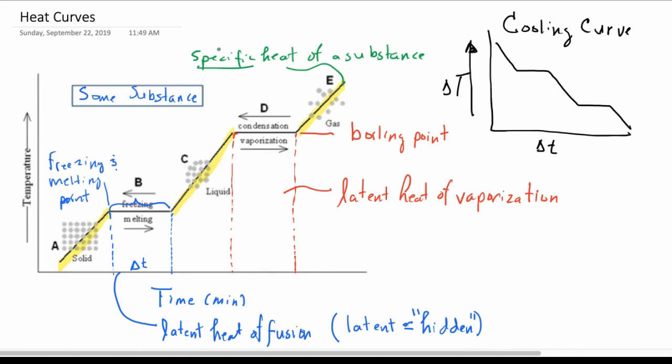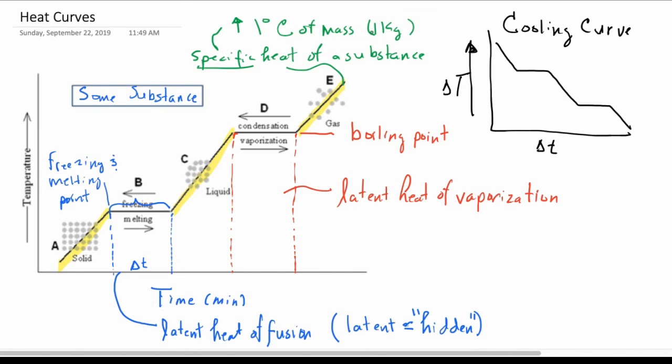Specific heat is basically the amount of heat to increase 1 degree Celsius of mass. Specifically, a kilogram of mass.